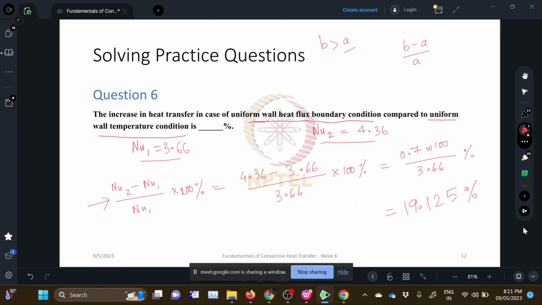Sir, in the lecture notes it's showing 16% only, for the same question.